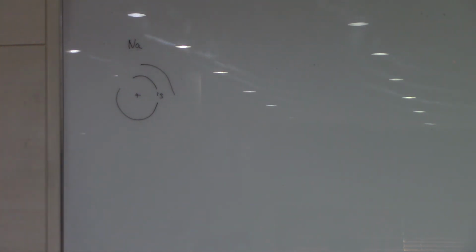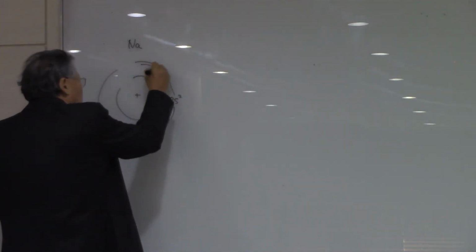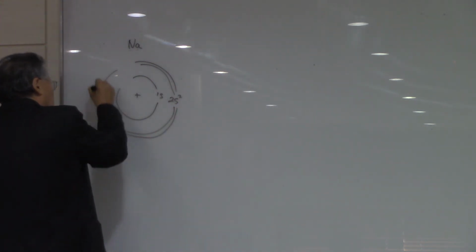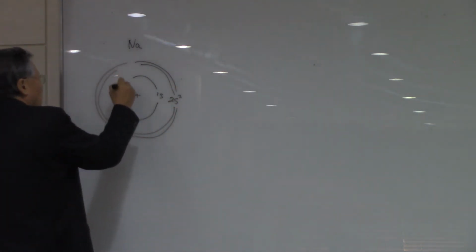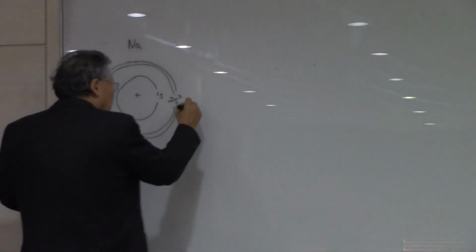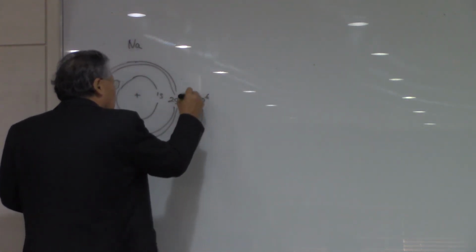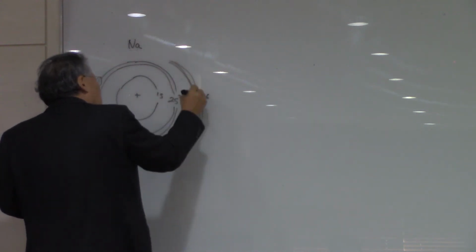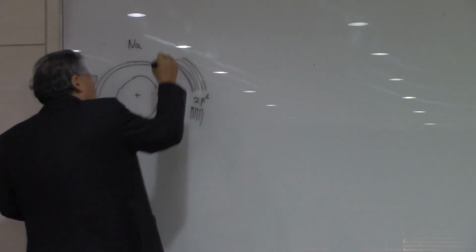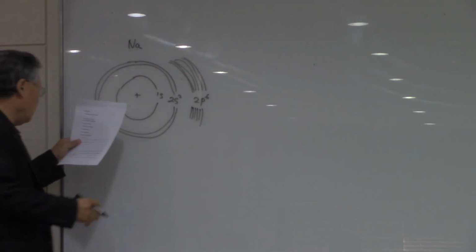Then next it has 2p6. We have 1, 2, 3, 4, 5, 6 electrons orbiting the sodium nucleus.